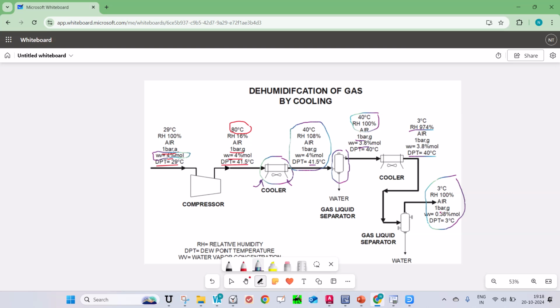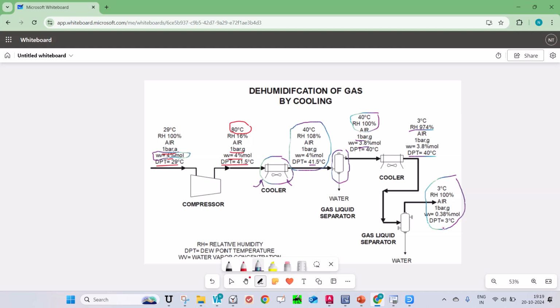From 4% we are down to 0.38% by cooling, and we took advantage of the ambient air to first remove the moisture, and then of refrigerant or chilled glycol to further remove the moisture.